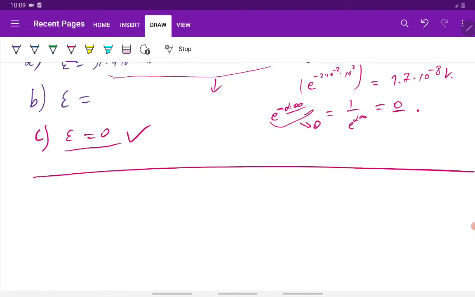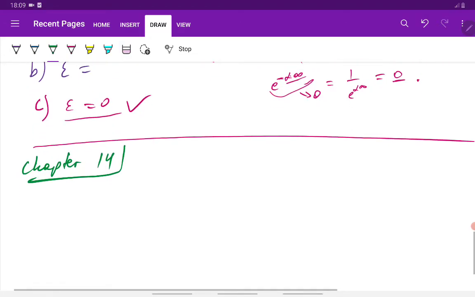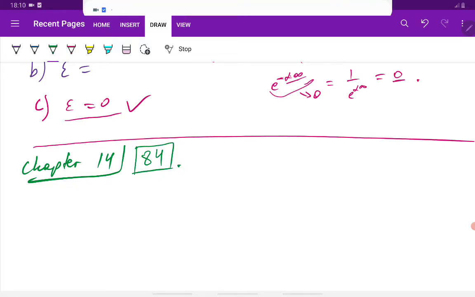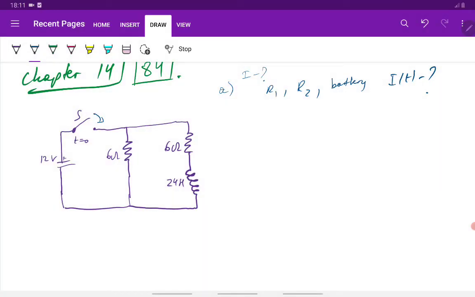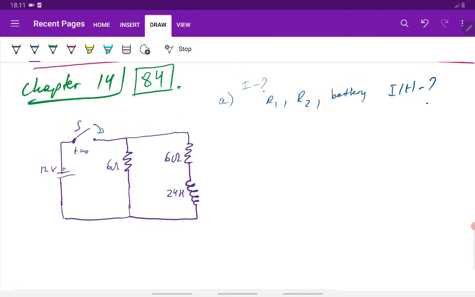Now let's solve challenging problems from chapter 14. Let's start from, I think, maybe 84. So let me write the statement. In this problem we are given this circuit connected to this voltage.